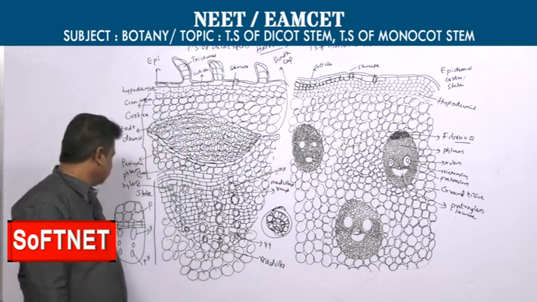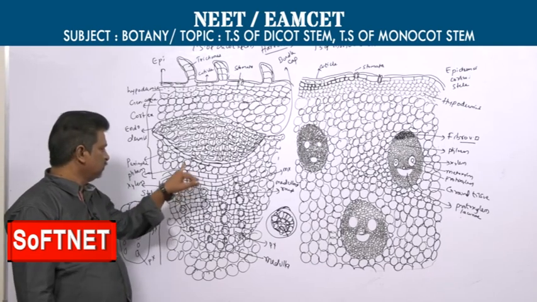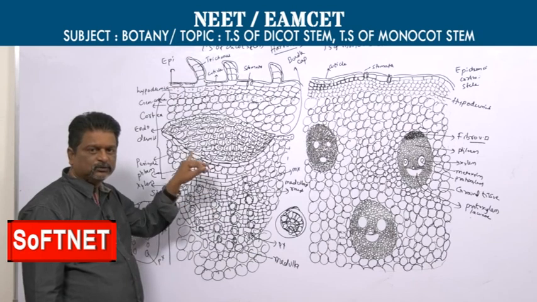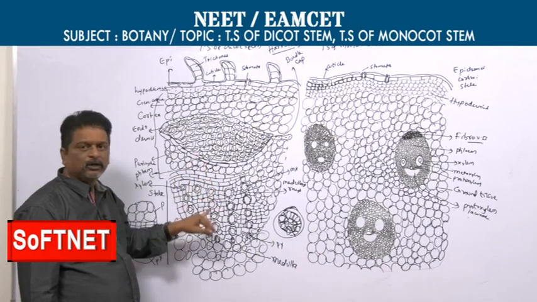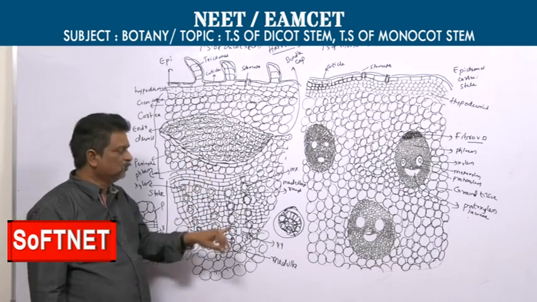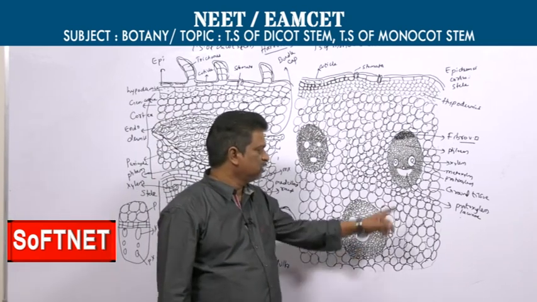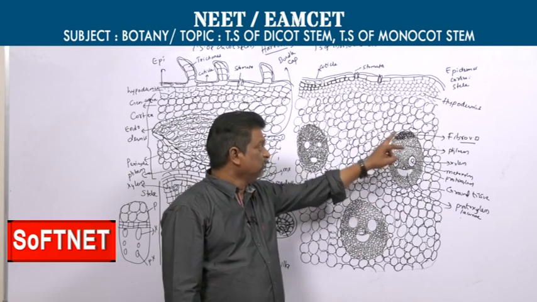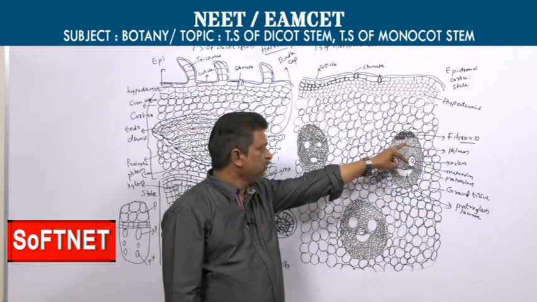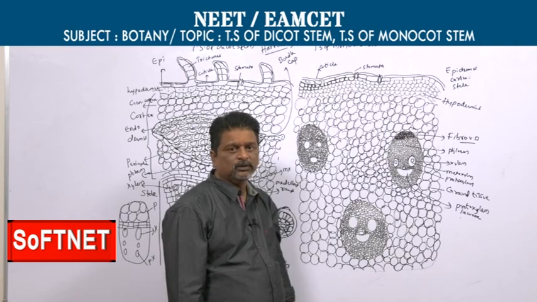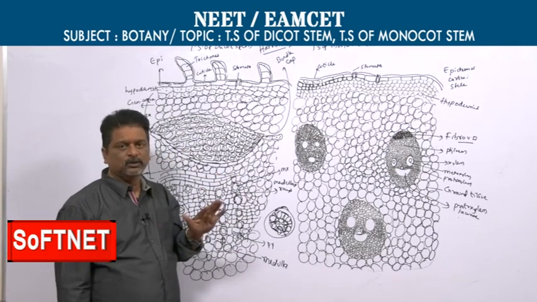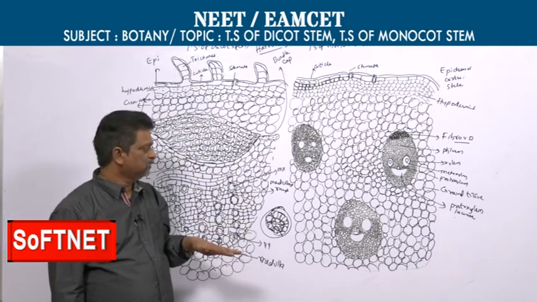Then, in dicot stem, vascular bundles are open, meaning cambium is present between them, rightly called collateral conjoint open. In monocot stem, vascular bundles are closed, meaning collateral conjoint and closed. In monocot stem, the bundle sheath is surrounded by sclerenchyma, so rightly called fibrovascular bundles, but in dicot stem, normal vascular bundles are present.